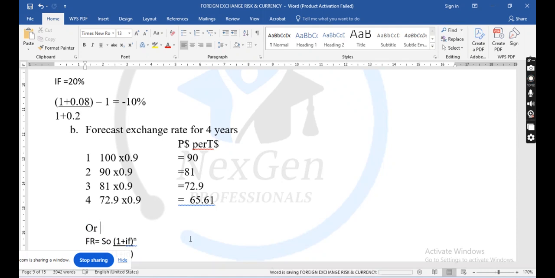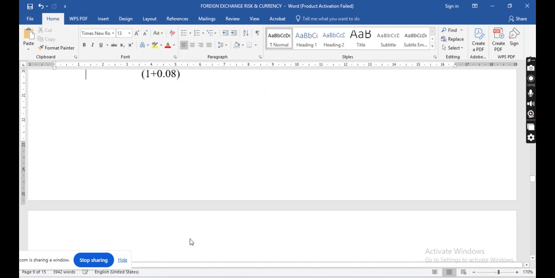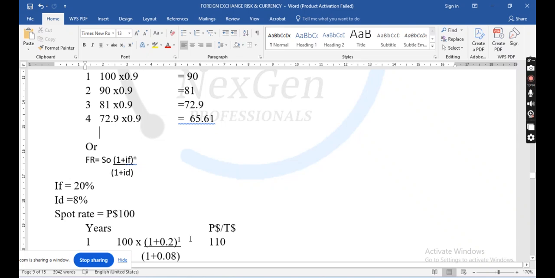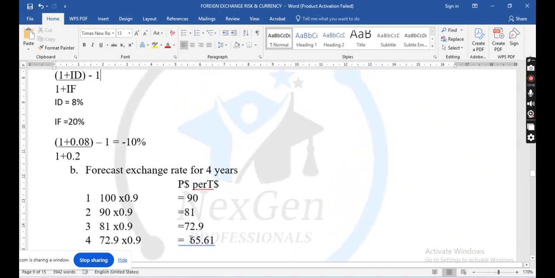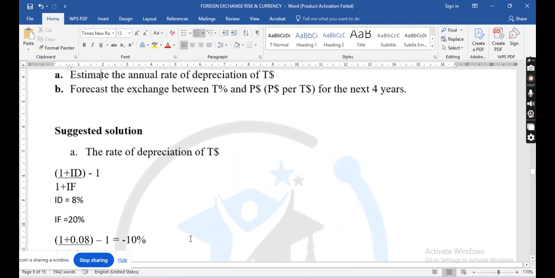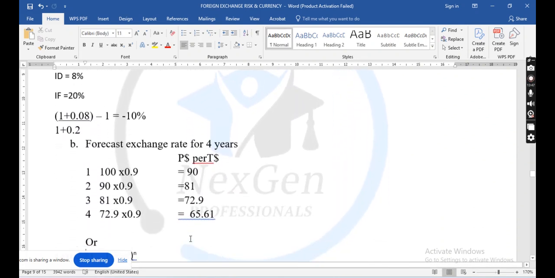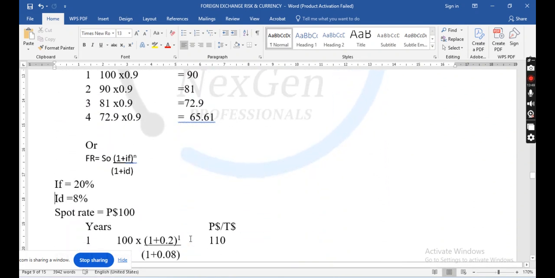Now, since this is a direct quote, class, country P is the domestic currency, and we said when naira is not involved, the first spot rate will be your domestic currency, and that is the direct quote.